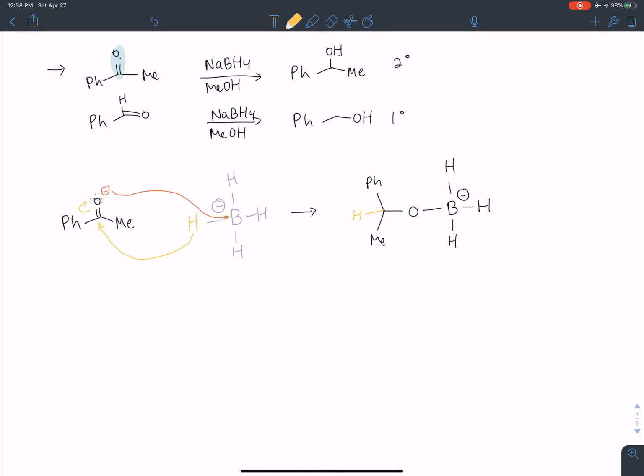Sometimes they might want to trick you, and instead of giving you NaBH4, they could give you NaBD4. Do you remember what D is? It's just another isotope of hydrogen, deuterium. So in this case right here, D is going to replace the H. Of course, we're going to get the D right here.